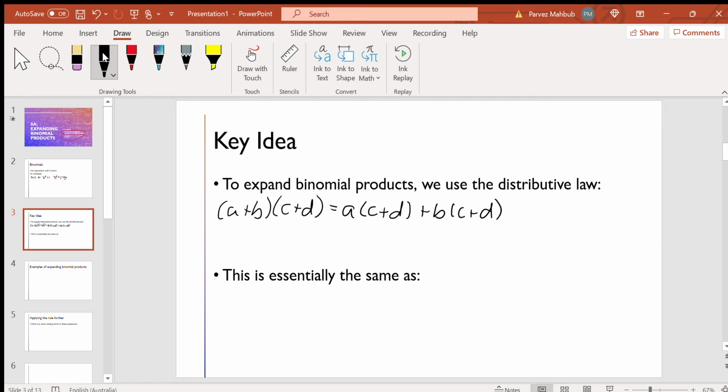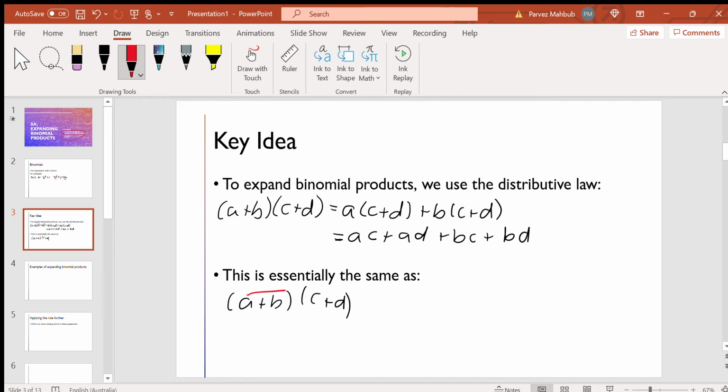And if we expand this, that becomes ac plus ad plus bc plus bd. This is also essentially the same as a plus b times c plus d.